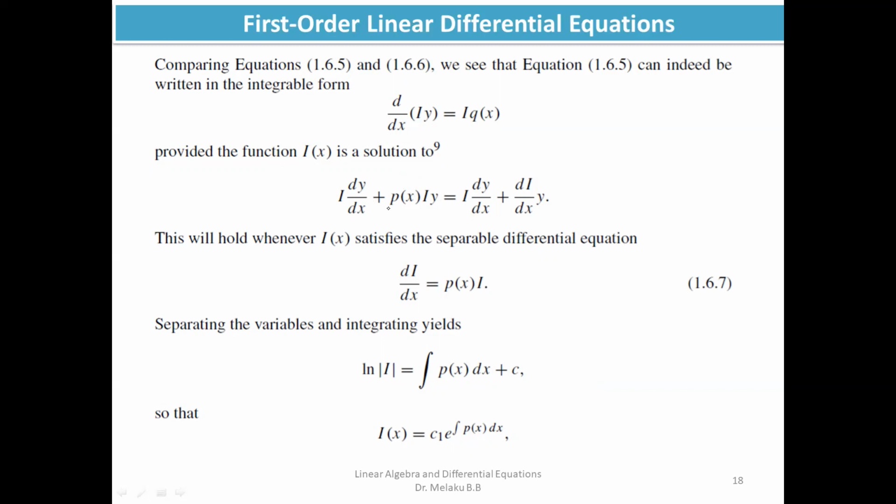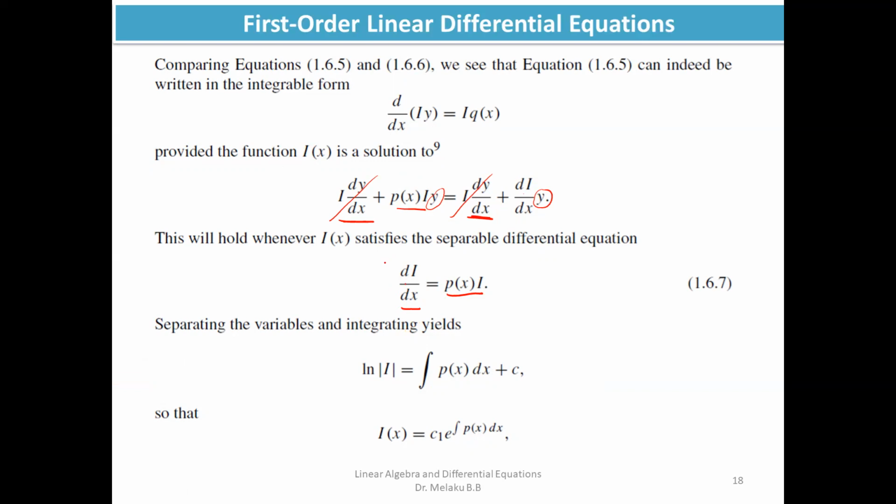If you equate both of them, you can see that this and this are the same, so we can cancel. Here we have p(x)Iy, and this one is dI/dx y, so we can cancel the function y by y. Therefore, we remain with dI/dx, which is the same as p(x)I.